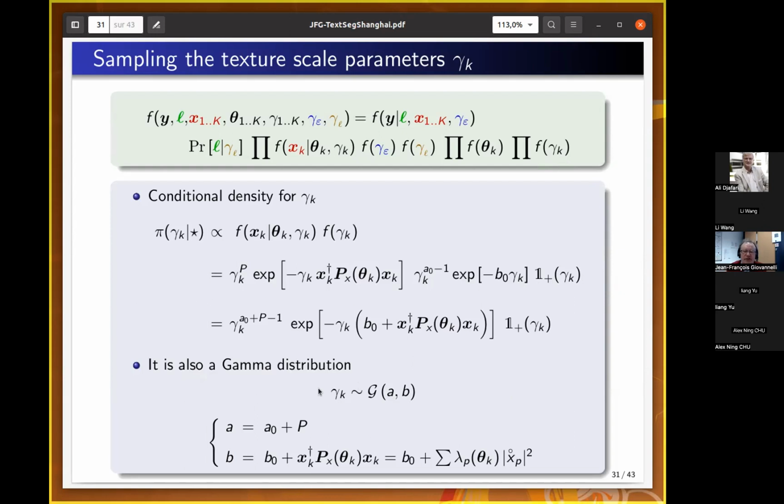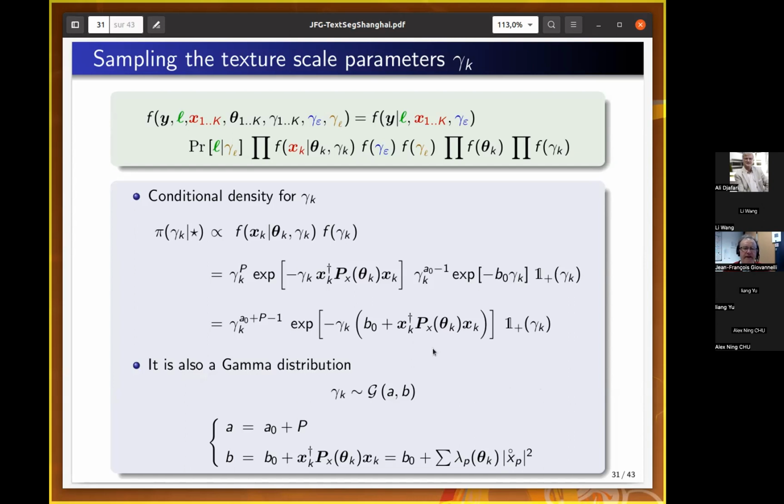Again, it is expected from the conjugacy idea. And we have a gamma probability density function and two parameters, one in relation with the number of pixels and another one in relation with a quadratic norm that can be computed in Fourier domain. That is a kind of norm of the unknown image, the current unknown image within the Gibbs sampler, and it is a weighted norm, weighted depending on the value of the textural parameters.